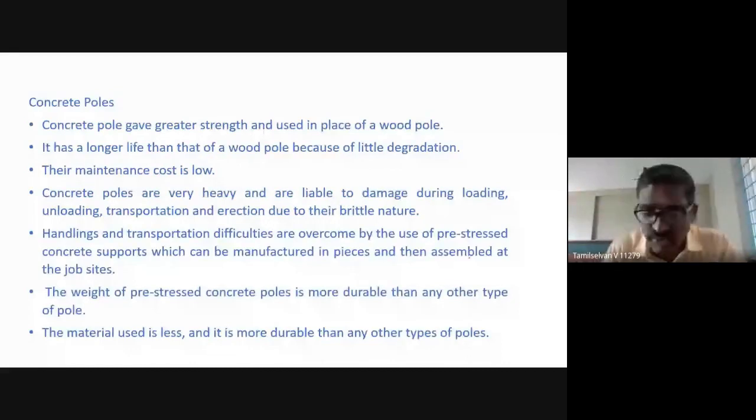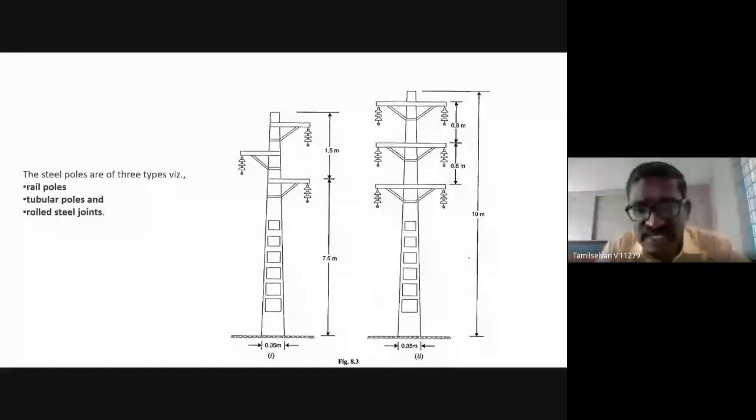When it comes to the concrete pole, this is the structure we normally use. The breadth is 3.35 meters, and the first insulation height is normally around 7.5, so it depends upon the voltage.